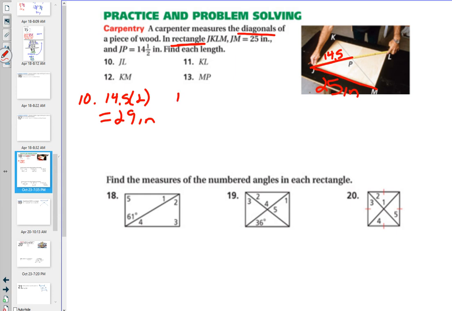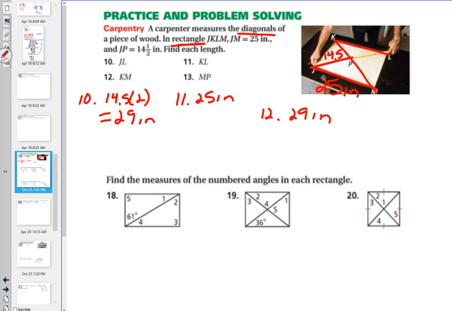How about KL? KL is a side. Because a rectangle is a parallelogram, opposite sides are congruent. Yeah, that's going to be 25 also. So it's congruent. Anything else? KM. KM is the other diagonal. Diagonals are congruent.